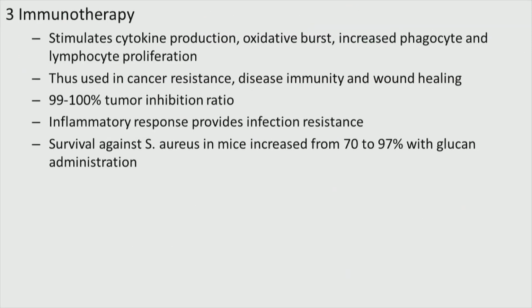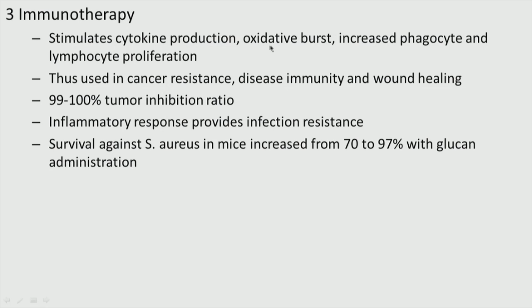Immunotherapy: because these linear beta glucans, the beta 1,3 linkage, give them immunomodulatory properties. It stimulates cytokine production, oxidative burst, and increased phagocyte and lymphocyte proliferation. So it can be looked at for cancer resistance, disease immunity, and wound healing. It has also been reported for tumor inhibition ratio.